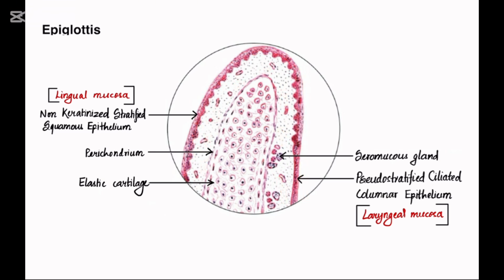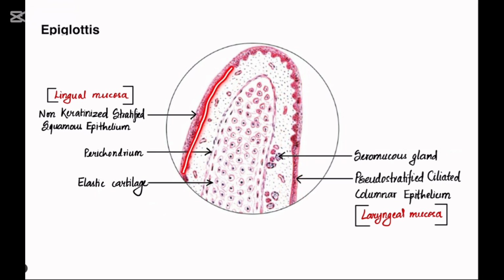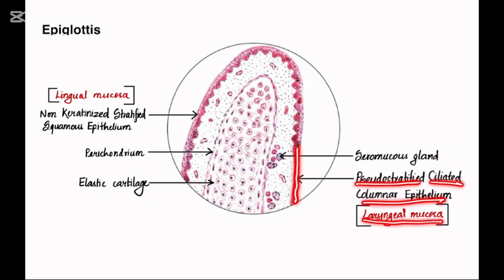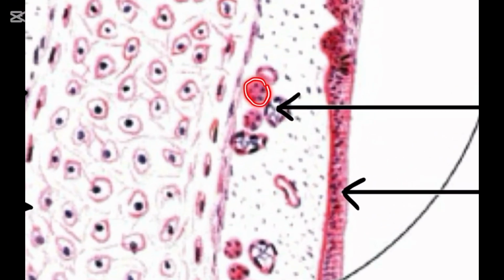The epithelial mucosa on the anterior surface and the upper part of posterior surface is lingual mucosa, that is non-keratinized stratified squamous epithelium, and on the lower portion of the posterior surface is laryngeal mucosa, which is pseudostratified ciliated columnar epithelium.